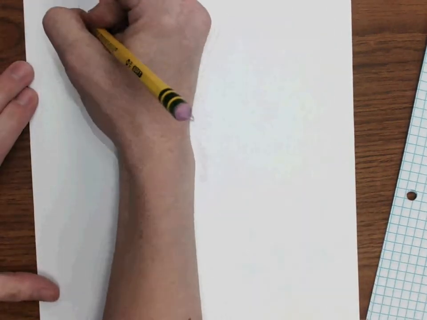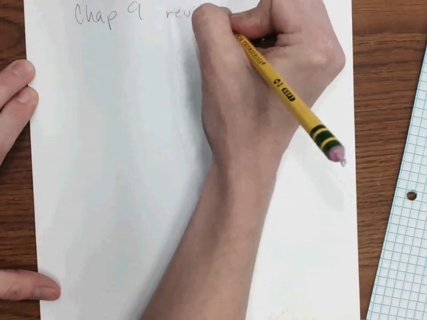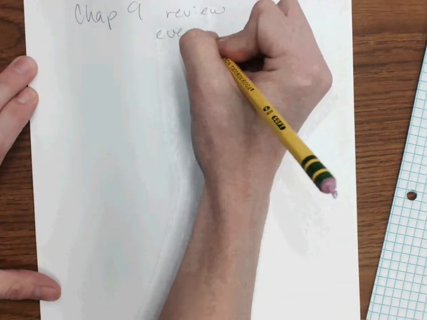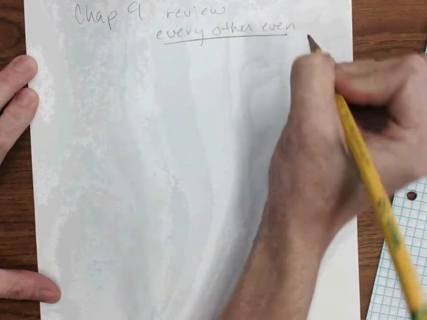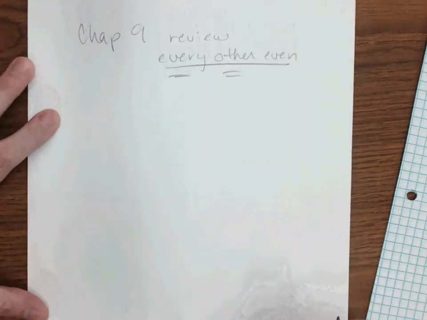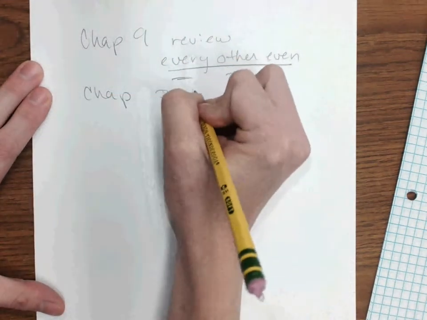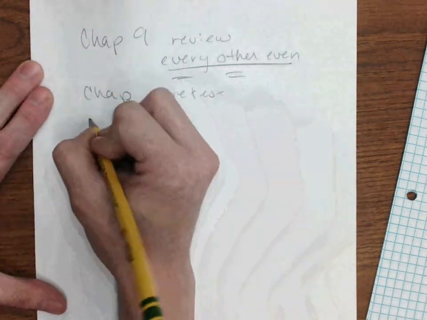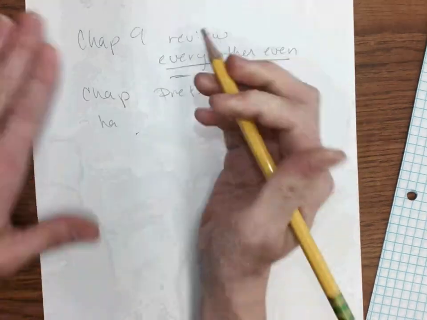So for this week, what you've got is the Chapter 9 review. This one is every other even, because it is long, so it's every other even. Don't do all of them. You've got the Chapter 9 pretest, and then you've got the Chapter 9 test.